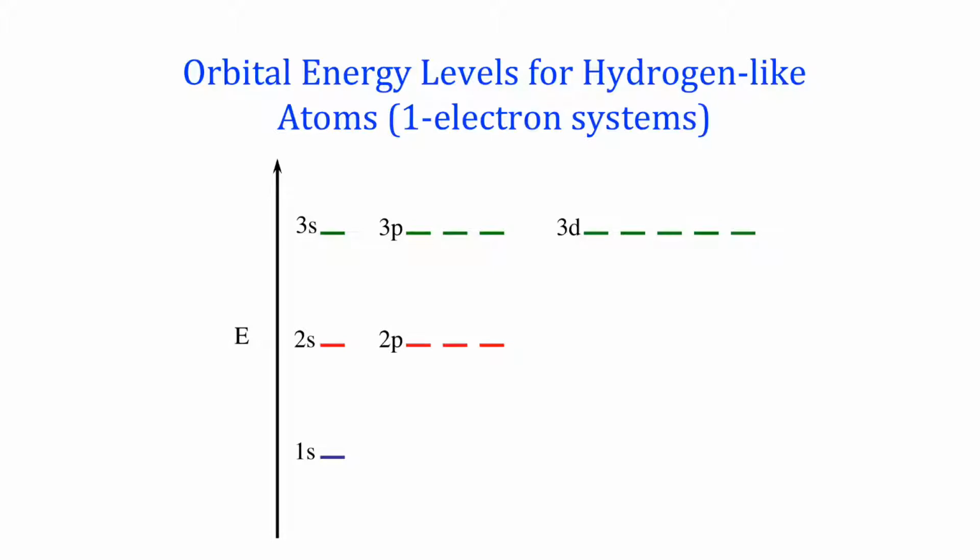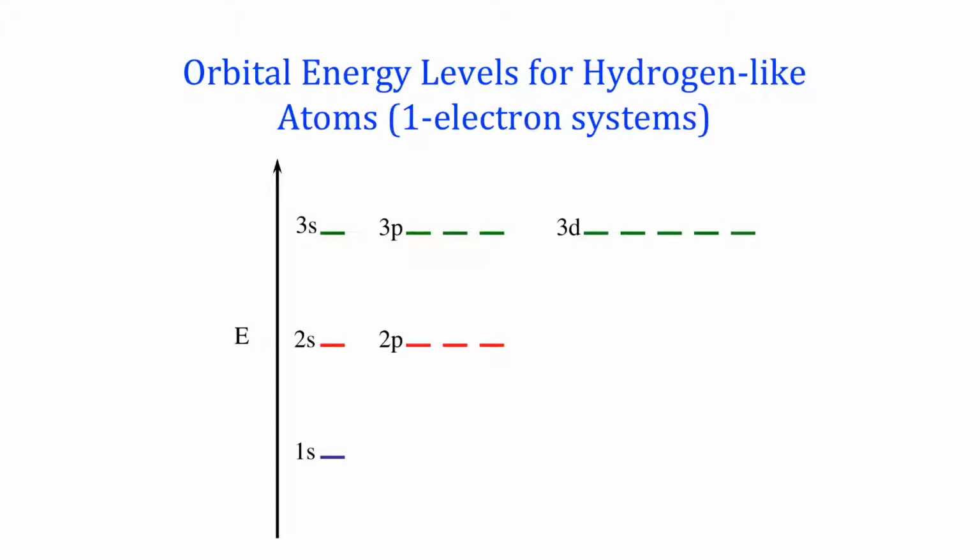These types of diagrams that you'll see are what we call energy level orbital diagrams that represent the relative energies of each individual orbital. For hydrogen-like atoms, what I mean is a one electron system. Any atom that has just one electron is going to have an energy level diagram for its orbitals that looks like this.